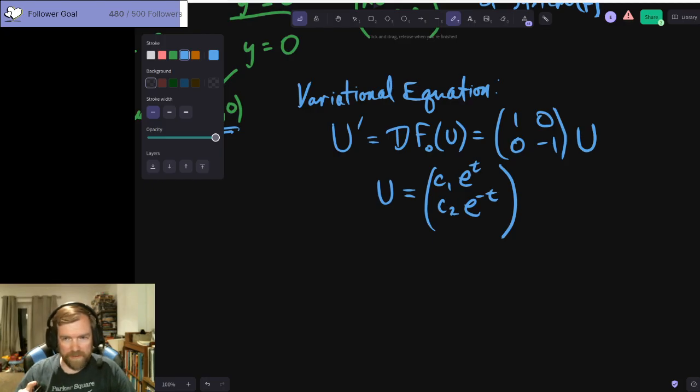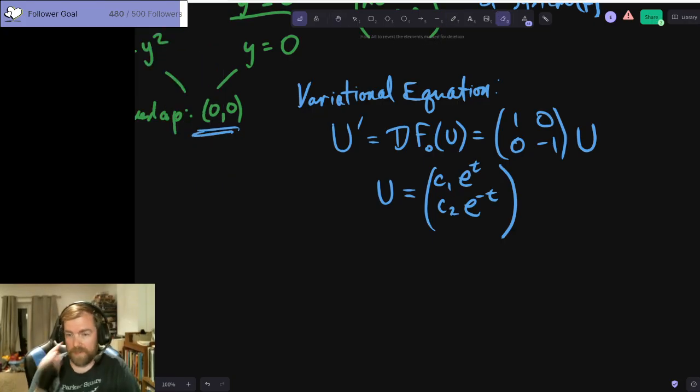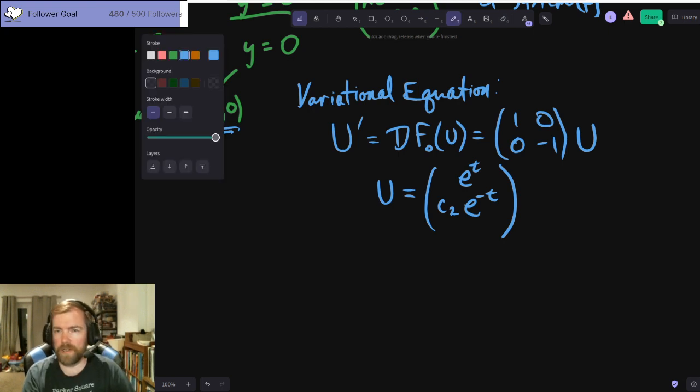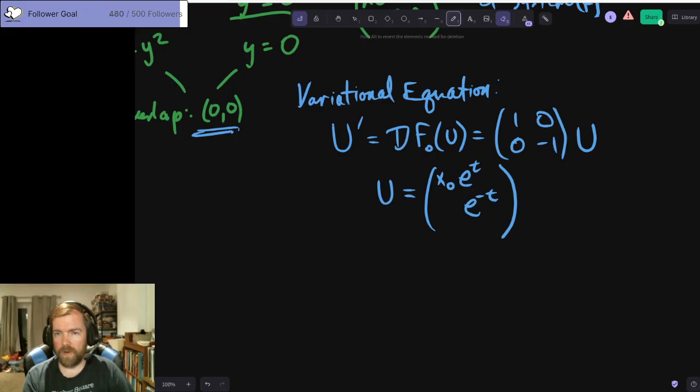Do you want to say anything? Nope. Okay, I will. Because these are partial derivatives, we're not actually going to be doing C1 and C2 as constants. The constants are specifically going to be x0 for the first one and y0 for the second.